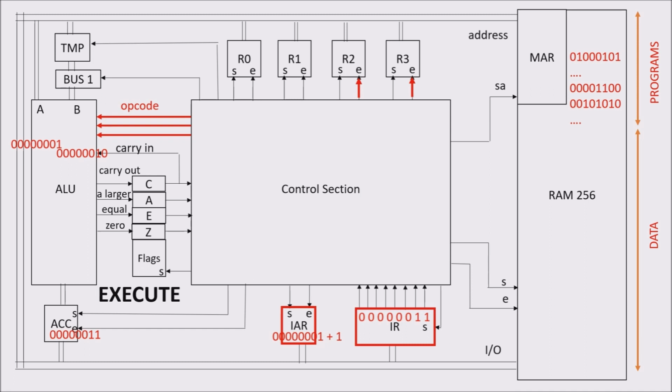Once decoded the instruction and sent the right opcode to the ALU, we load the content of a register in TMP, being it the first operand, and the content of the other register directly in input A of the ALU, being it the second operand. The result is put in the ACC, or the accumulator register. Remember, in order to put a byte on the bus, we send an enable pulse, and in order to acquire a byte from the bus, we send a set pulse to a register.